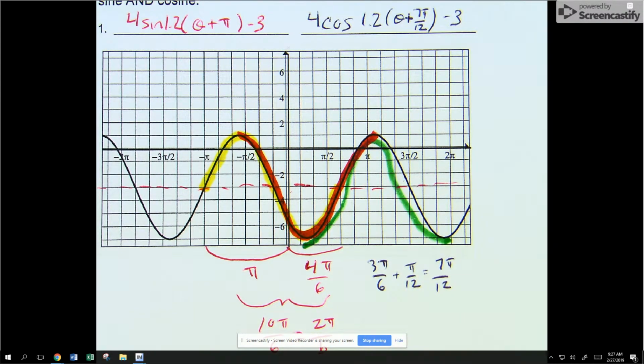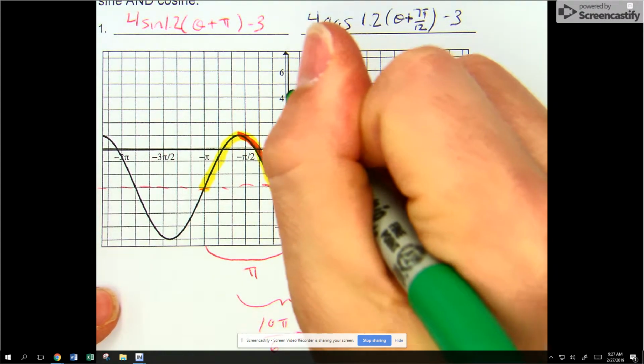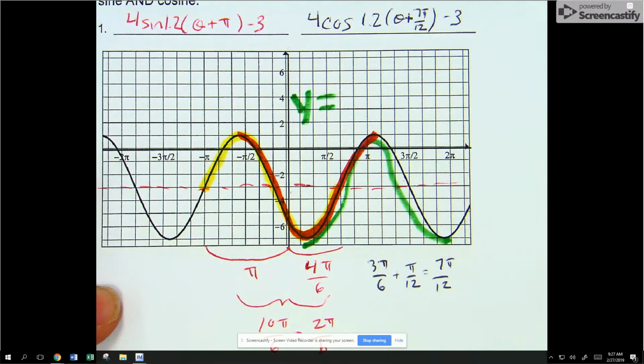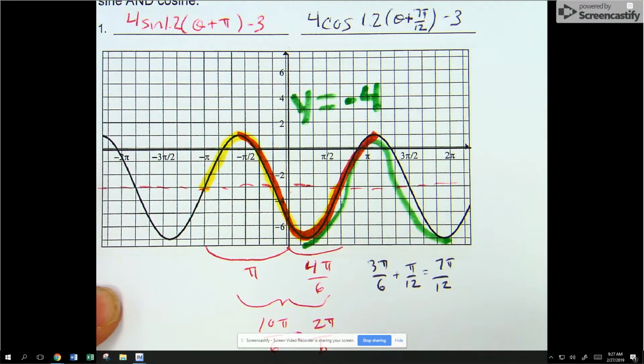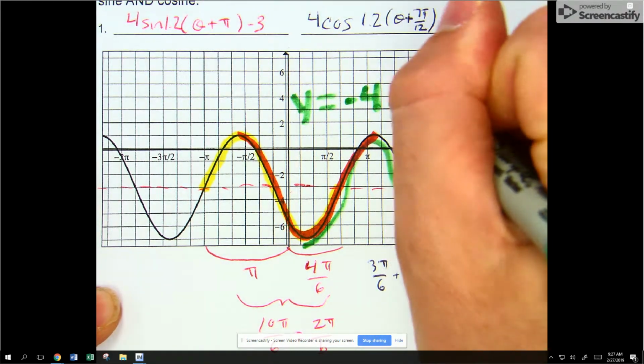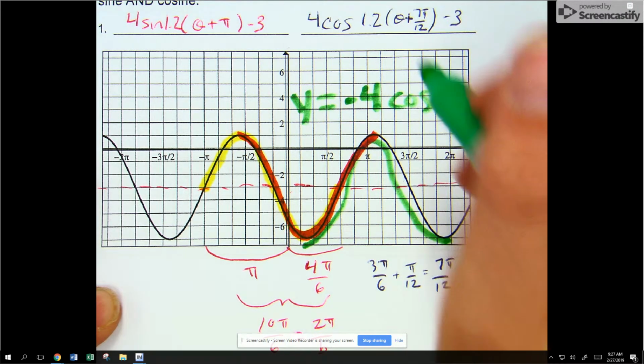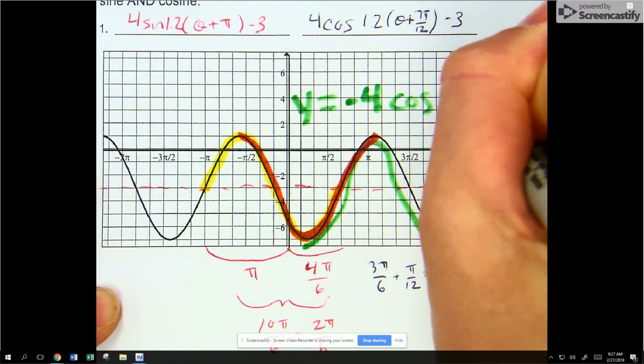If you highlighted the green, you still have a cosine graph. However, it's negative because it starts at the bottom. So it'd be a negative 4, still a cosine, still 1.2.